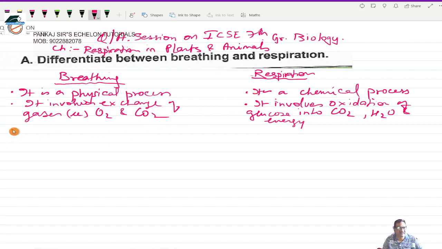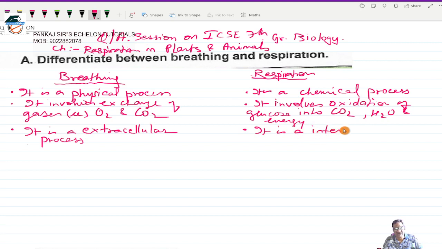Third one is breathing is an extracellular process. It doesn't take place in the cell. It takes place outside the cell. But respiration is an intracellular process, because it takes place inside the cell.